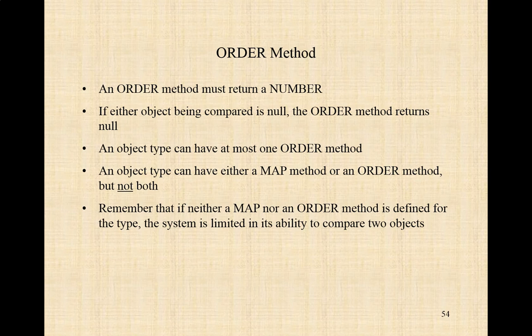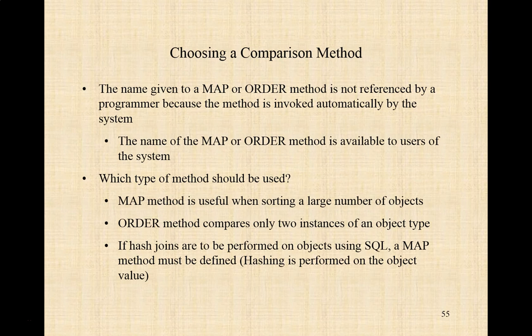But again, remember, if you choose not to create a comparison method, map or order, then the system has very limited capabilities in being able to compare two objects. So let's consider now that we've looked at the overview of these two types of comparison methods, which one would be more appropriate for a particular situation. In general, the name given to a map or order method is not going to be referenced by a programmer.